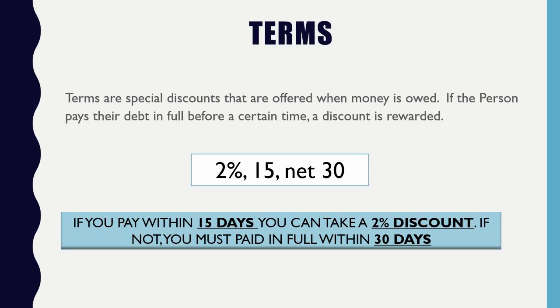So that's a great example that you don't necessarily have to have net 30; terms can fluctuate. You can have 1% for 10 days. It just depends on what the company offers you, and it doesn't have to be this exact number.